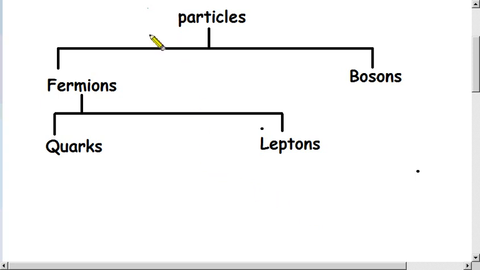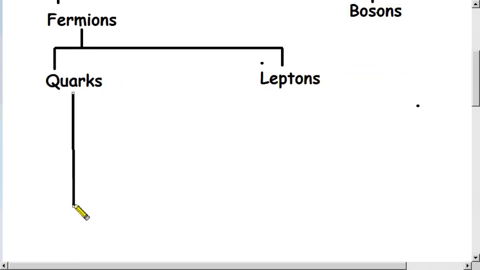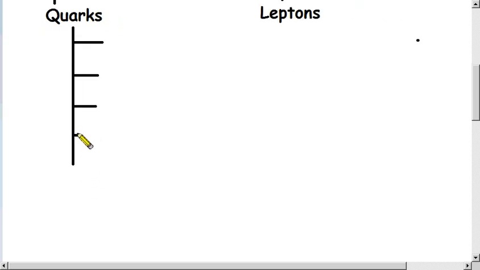There are 6 quarks. All these are elementary particles. 1, 2, 3, 4, 5, 6.